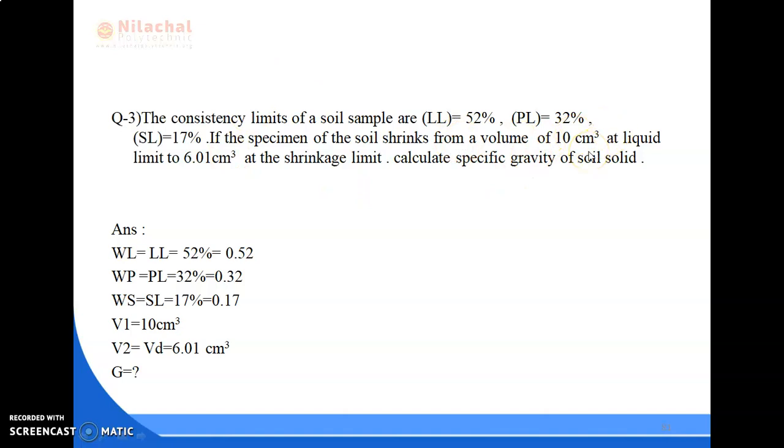One is at liquid limit or initial, this is 10 cm³, we consider it as V1, 10 cm³, and another one is 6.01 cm³ after shrinkage or at shrinkage limit, so we consider it as V2 or VD, dry. Its volume decreases after shrinkage, this is 6.01 cm³, and here we have to find out the specific gravity of soil solid. Its notation is G equal to question mark.